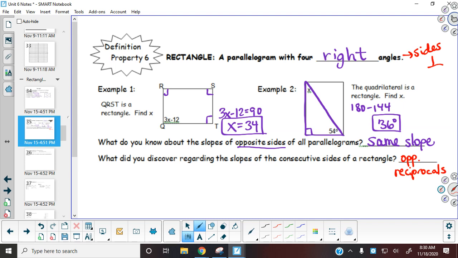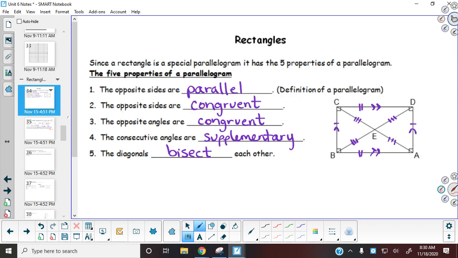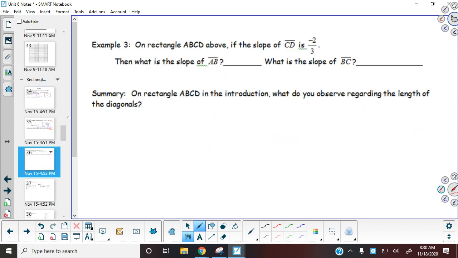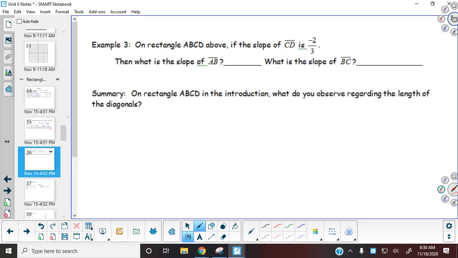All right? So in other words, if you have a rectangle that has a slope of negative 2/3 for a side, when it says up above, it is referencing this very first one all the way back at the beginning. So if CD has a slope of negative 2/3, they're asking you then, what is the slope of AB?